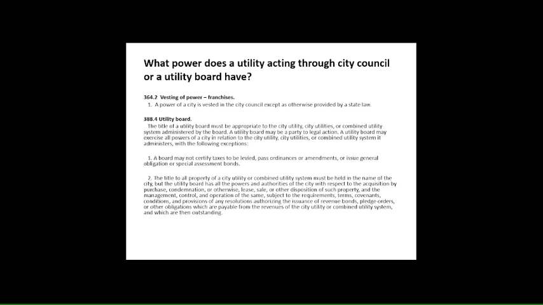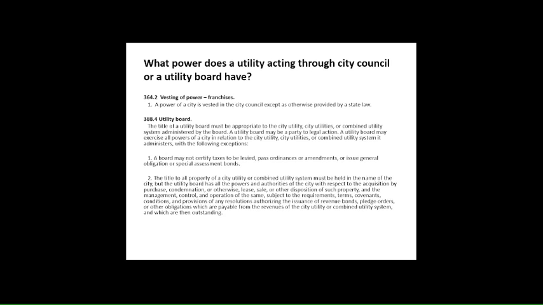Here is something that does get to the distinction between a board and a city council. If you look at 364.2, the first sentence there says power of a city is vested in a city council except as otherwise provided by law.